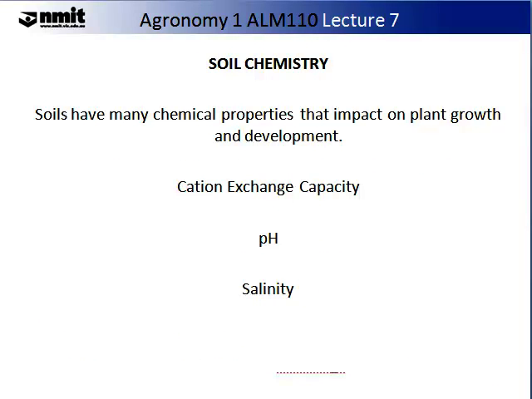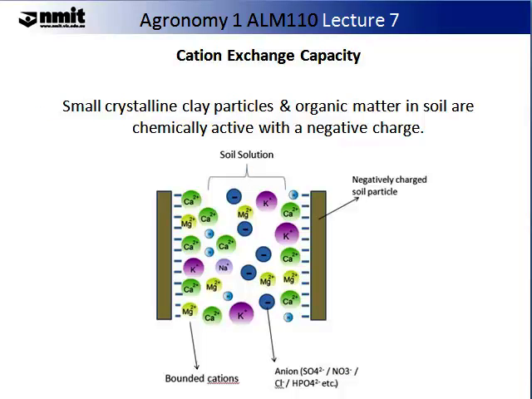We will also look at soil chemistry. Soils have many chemical properties that are important for plant crop growth and development. The three that we're going to concentrate on in this lecture are cation exchange capacity, pH, and salinity. Small crystalline clay particles and organic matter that exist in the soil are chemically active and usually have a negative charge.